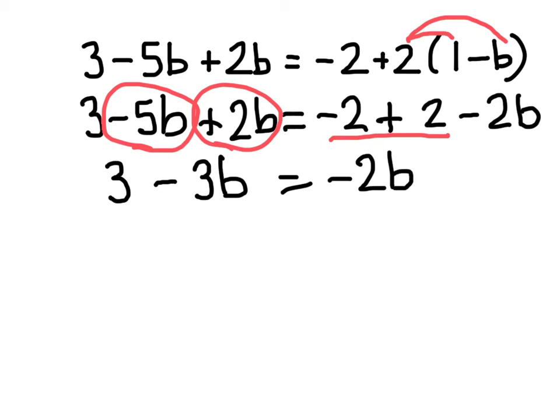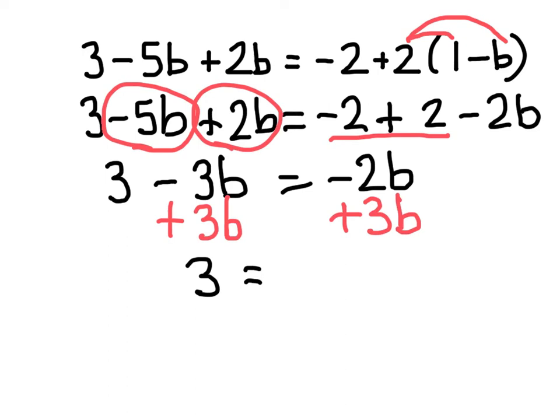All right, here I have a choice. I can gather the terms to one side either by adding 2b to both sides or adding 3b to both sides. I'm going to choose to add 3b because that will give me a positive coefficient in front of my variable. So negative 3b plus 3b is 0. That leaves 3 all alone on the left side.